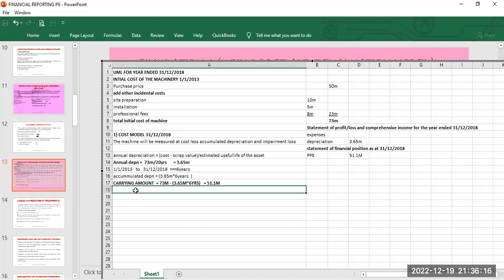Then we can try to look at Roman number 2. This one is talking about the revaluation model. These are the measurement bases that we use when we are accounting for these assets.